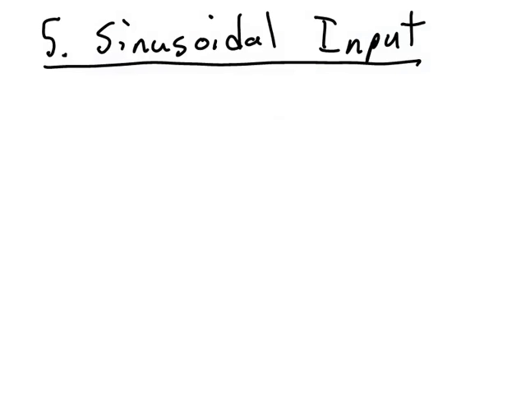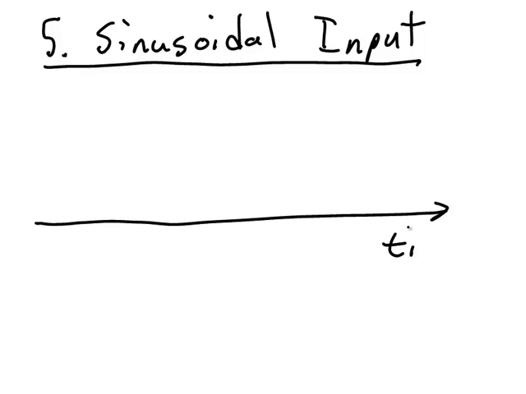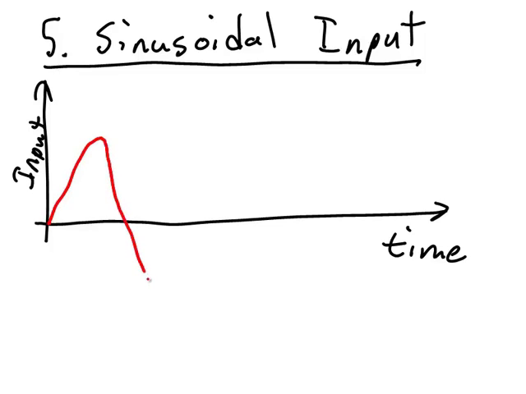Lastly, let's take a look at the sinusoidal input. A sinusoidal input in a time versus input magnitude plot starts at 0 and has some constant amplitude and some constant frequency.